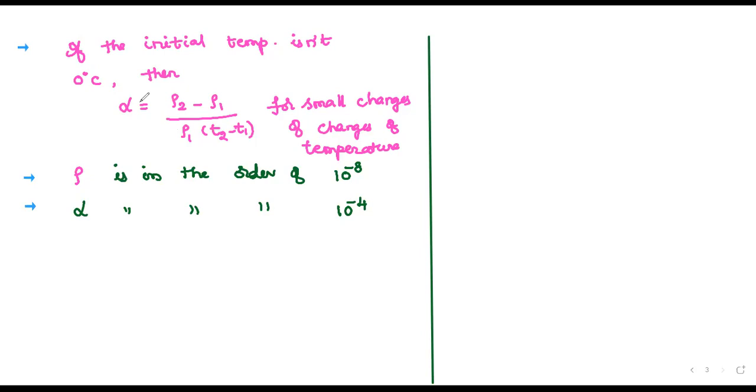If the change in temperature is like 100 degrees Celsius or 200 degrees Celsius, you are multiplying with big values like 200, 300. If you multiply, the decimal point will be shifted by 2 places. Then this formula is not applicable. So when you come to numericals, don't use this formula for all changes of temperature. The condition is very important: small changes of temperature.